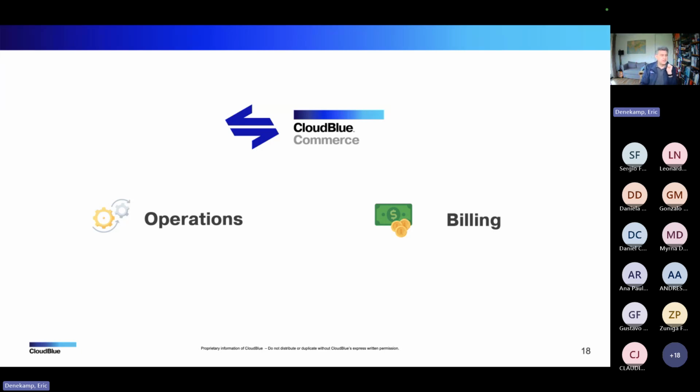We had an operations option that you could use for provisioning, and you could layer on top your own billing system, or you could buy our billing half of the platform. At some point, I think it was 6 years ago, we decided that doesn't work. So we decided, okay, let's make this a single product where both operations as well as billing are there.